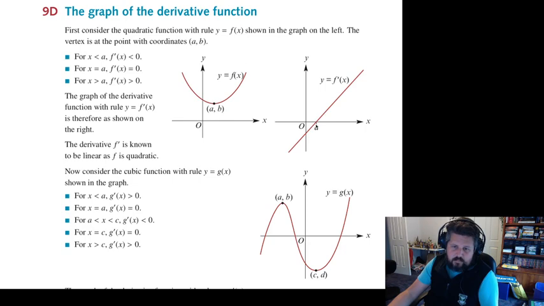You can see from here to here, it's all below the x-axis because the gradient was negative. Likewise, to the right of a, the slope is going back up, it's positive. So to the right in the derivative function, it's going to be in the positive section, above 0 on the x-axis. And that's really what this is talking about here.